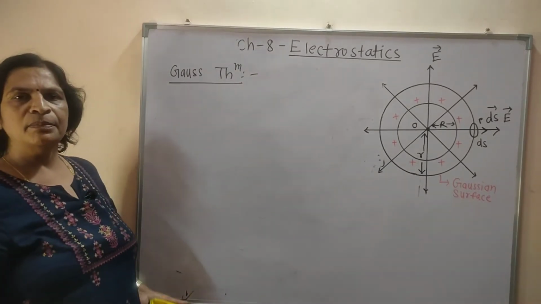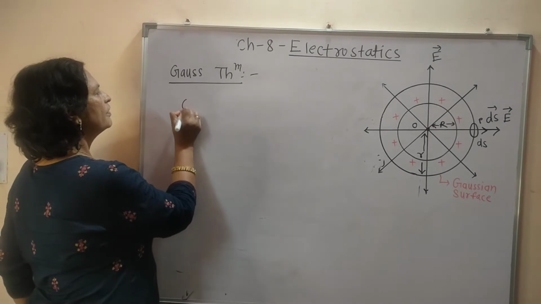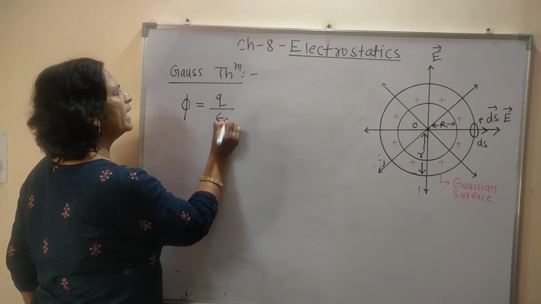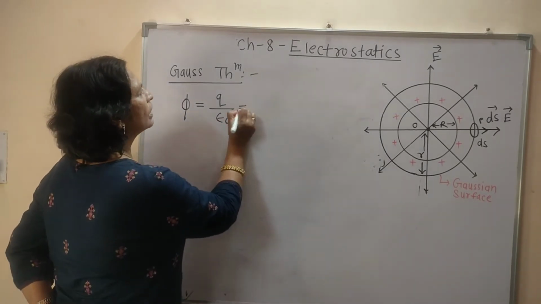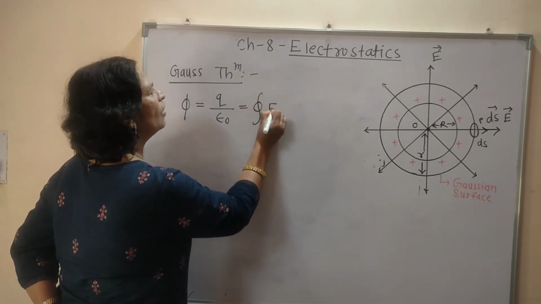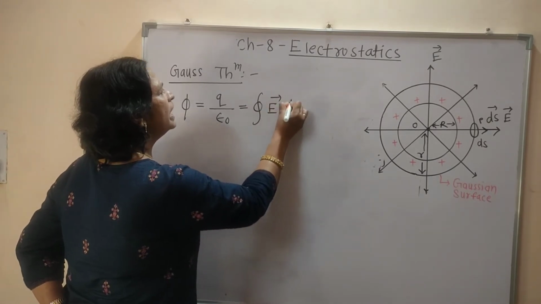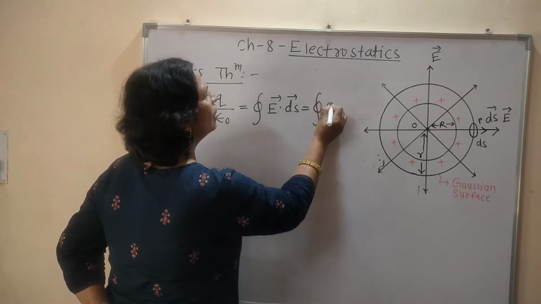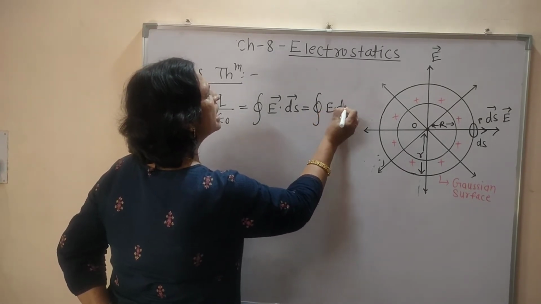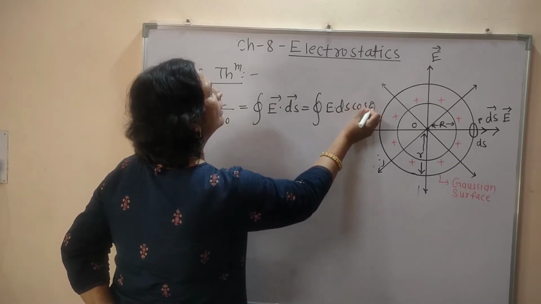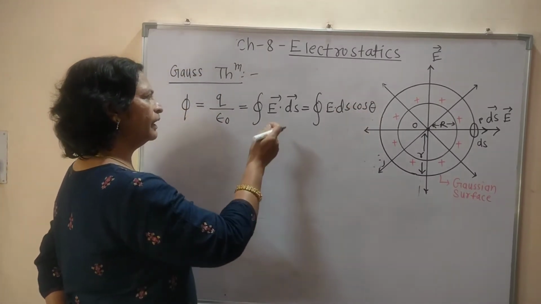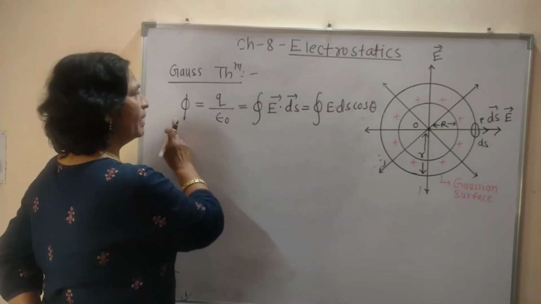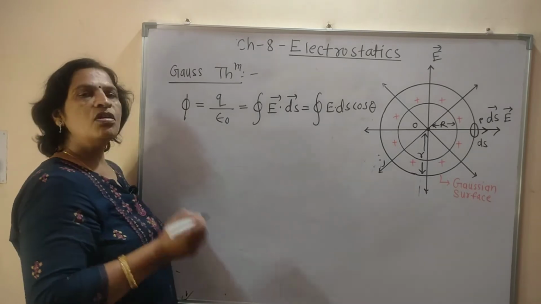The mathematical statement of the Gauss theorem is: φ, the electric flux, is equal to Q divided by epsilon naught, or it is the surface integral of E·dS, which is the surface integral of E dS cos θ, where θ is the angle between the electric field intensity and the area vector. This is the mathematical statement of the Gauss theorem.